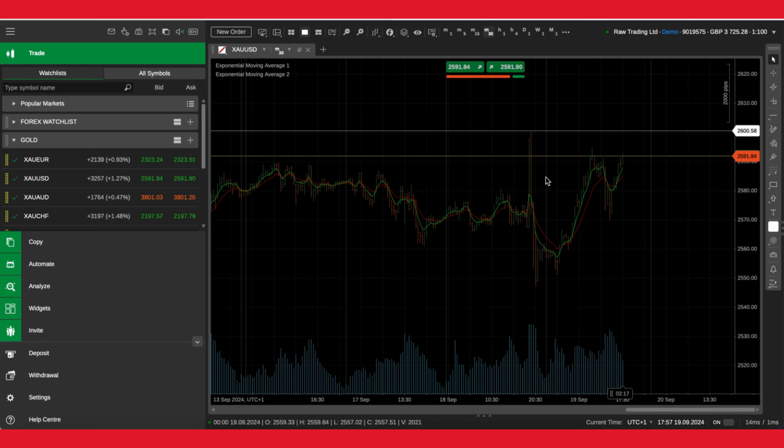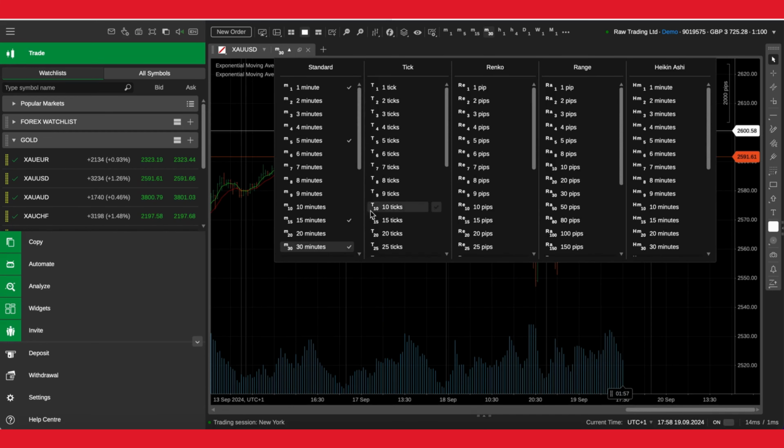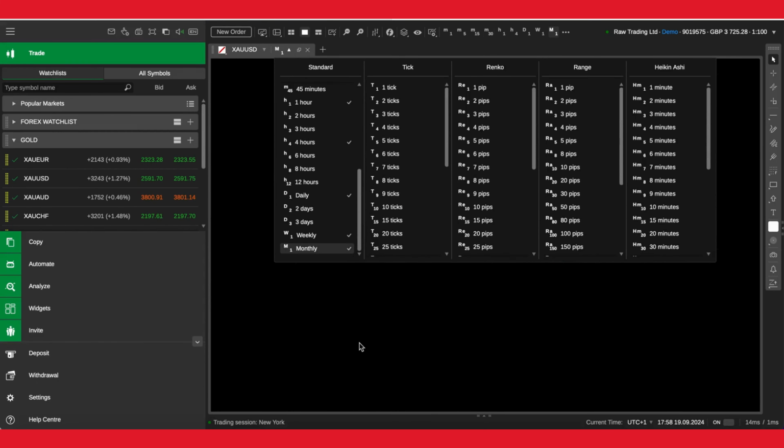But what's really crucial, and I've marked it out here, is where price reached at that point. It reached all the way up there. You can see that highlighted on the charts in terms of the price point. Now this is record breaking. I'm going to go to a higher time frame, so let me go to a monthly.